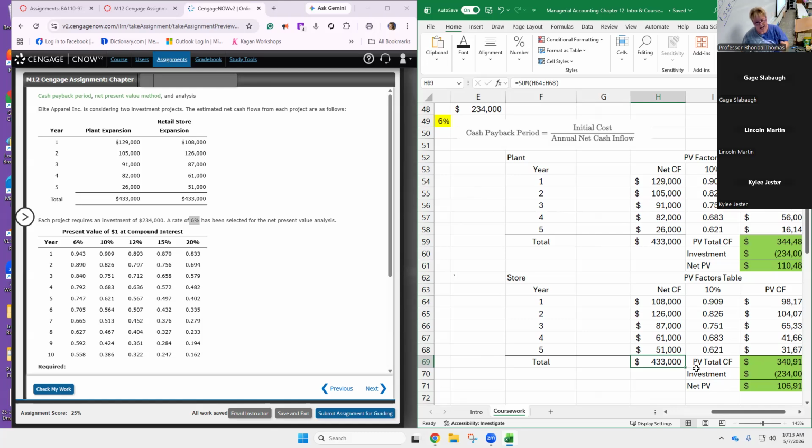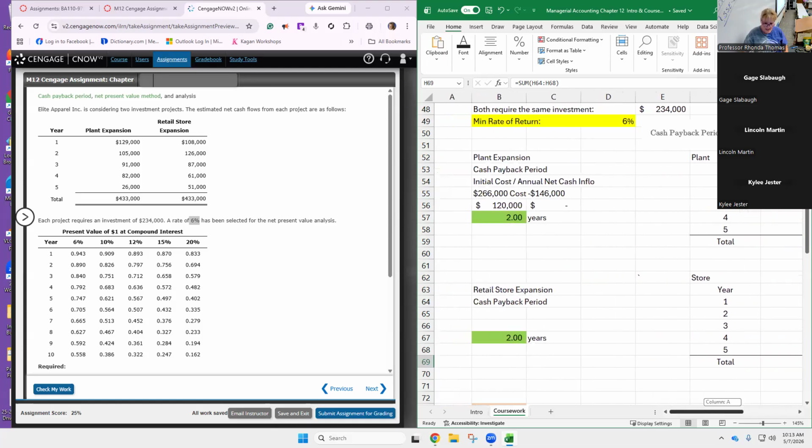So I'm going to change this formula just a little bit. We're going to start with the initial cost. The formula is supposed to be the initial cost divided by the annual net cash flow. All right, I'm going to change that. We're going to take this year by year.